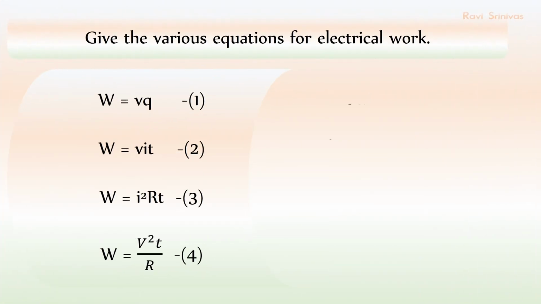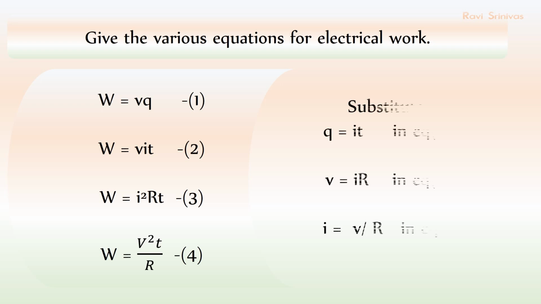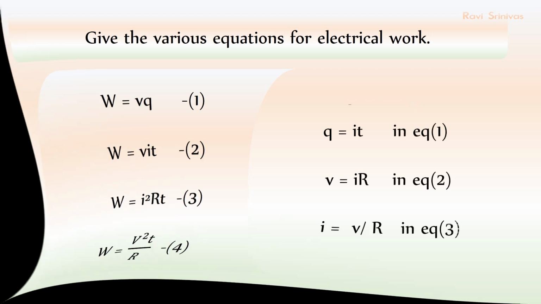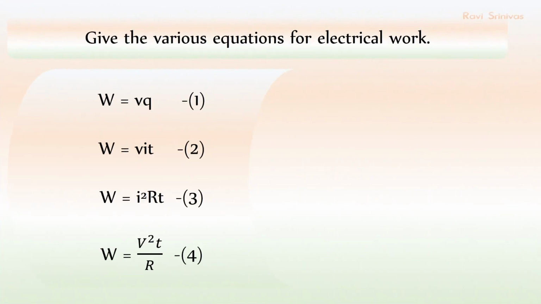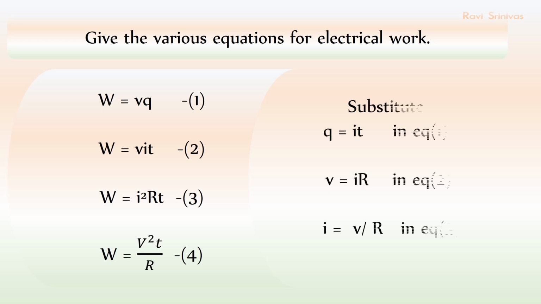Let us now study the various equations for electrical work. From the definition of potential difference, we have V equal to W by Q. By rearranging it, we have W equal to VQ, which is the first equation.